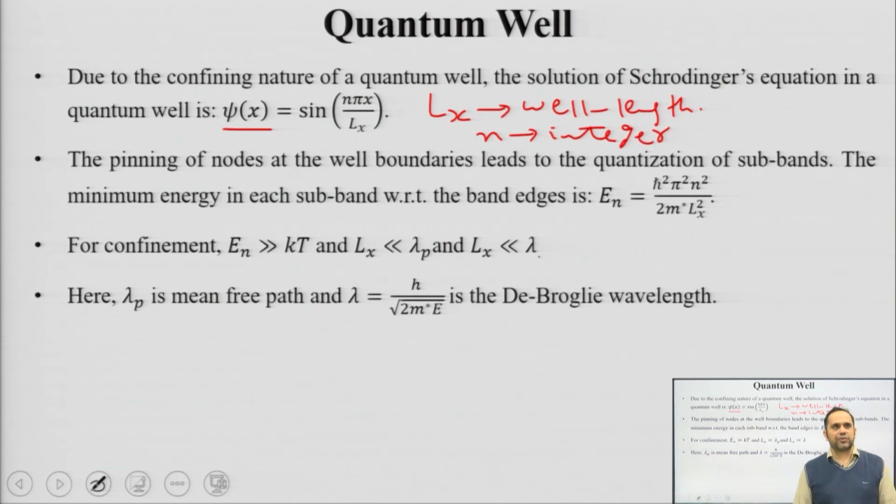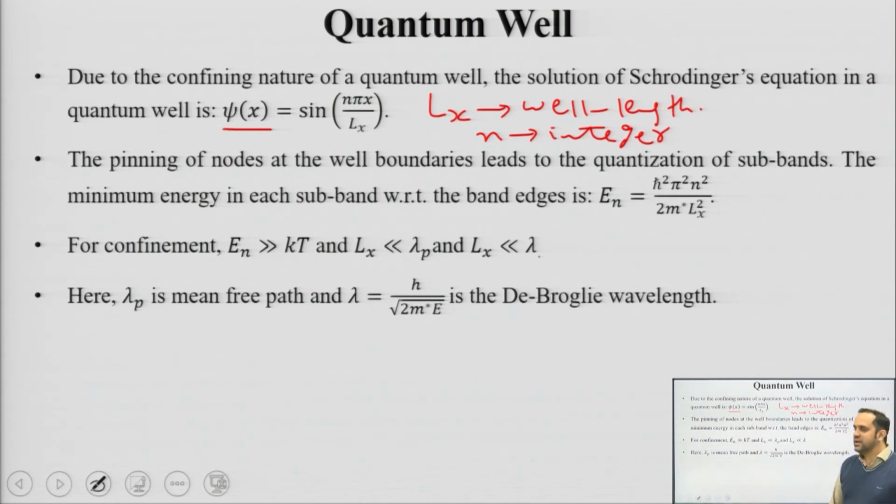The pinning of nodes at the well boundaries leads to the quantization of energy in these subbands. The minimum energy in each subband with respect to the edge of the band is proportional to the square of n and inversely proportional to the square of the length. This is similar to the quantization of energy inside a potential well.